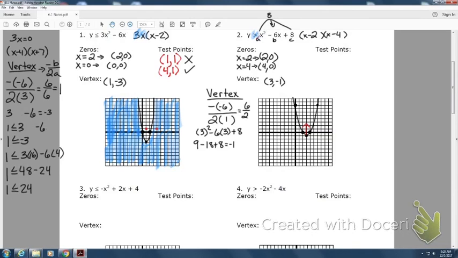So on that, just get your eraser. There's no equal to underneath it. If you look at example 1, it had less than or equal to, and so it's solid. If it does not have that equal to underneath it, then it's dashed.